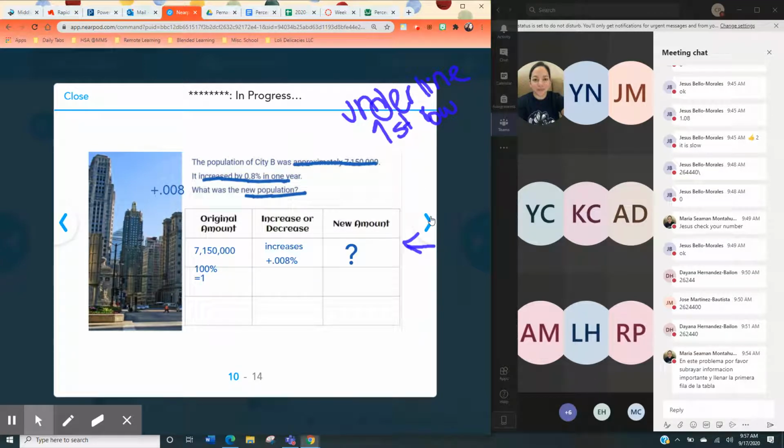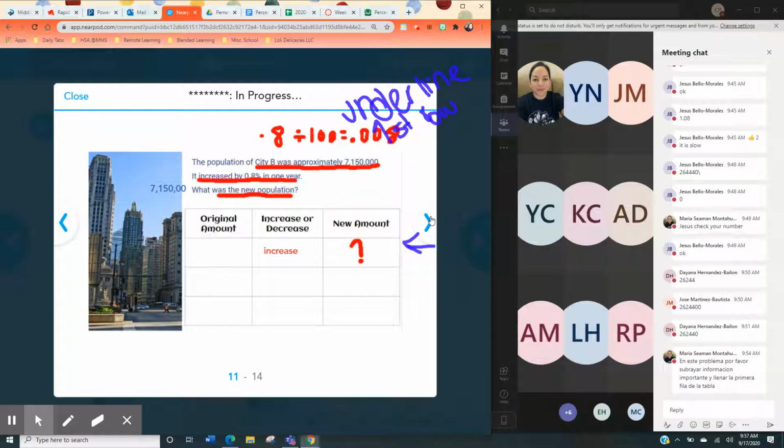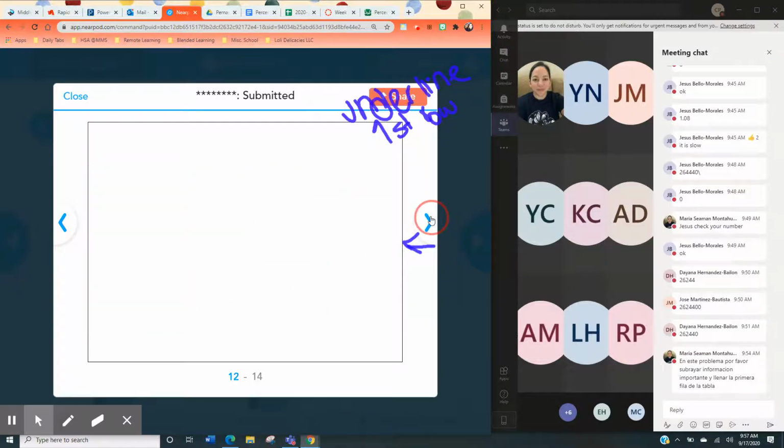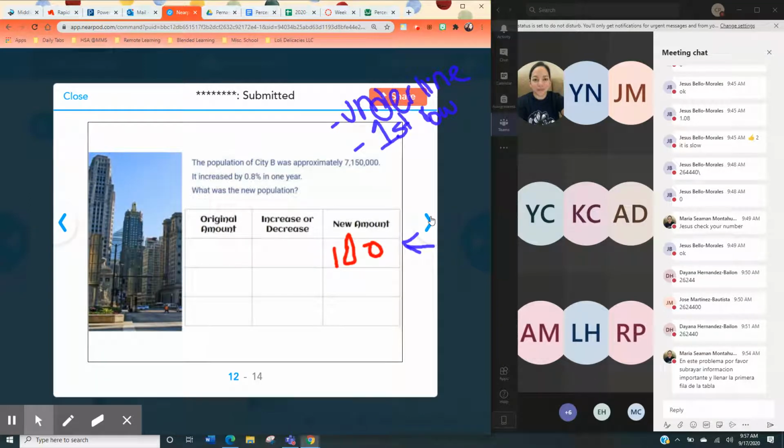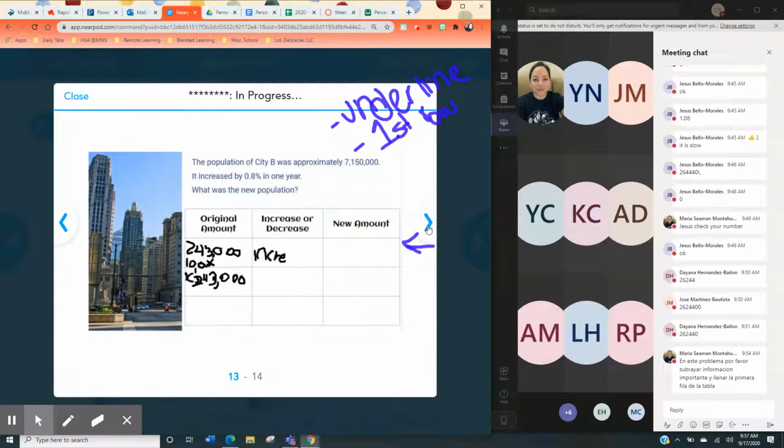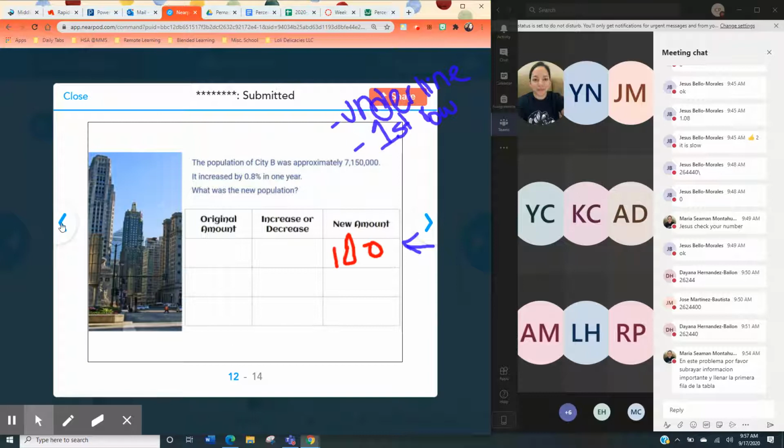Looks good, but your plus 0.008% is in the wrong box. This one looks good. Don't forget to move your original amount into the correct box. We got to work on this one. Whoever this is clicked submit, but they are not done.